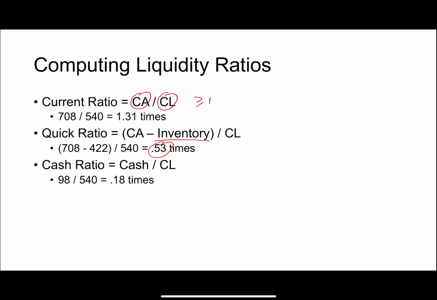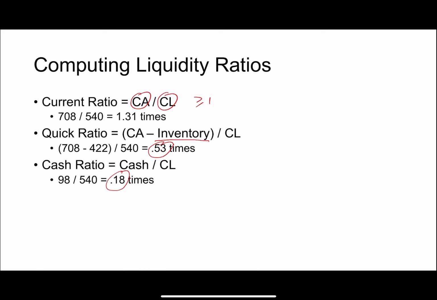And finally, you might want to go even more extreme and check how much cash you have relative to current liabilities. That would be your cash ratio. You just take cash and divide by current liabilities, and it turns out to be only 0.18. This ratio shouldn't be very high.